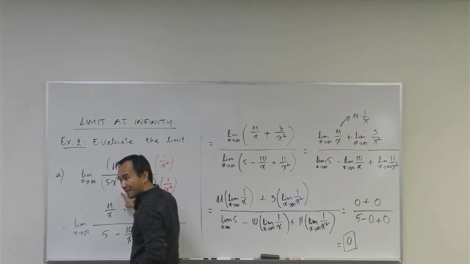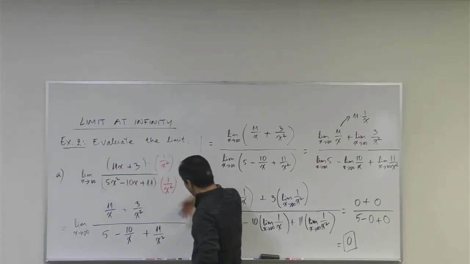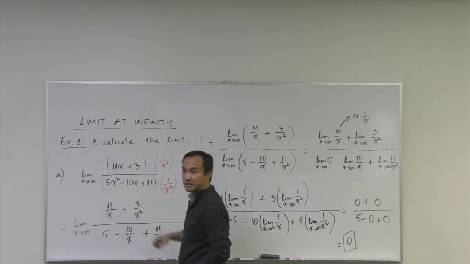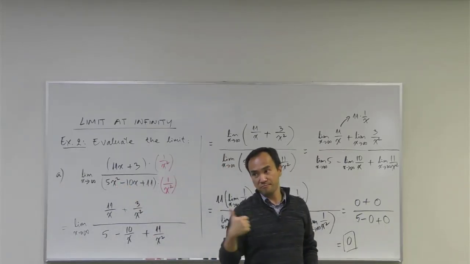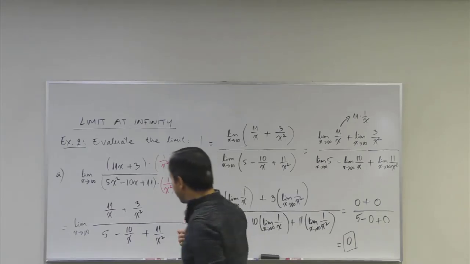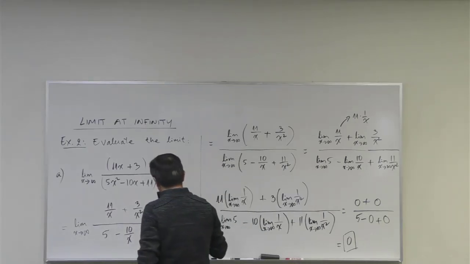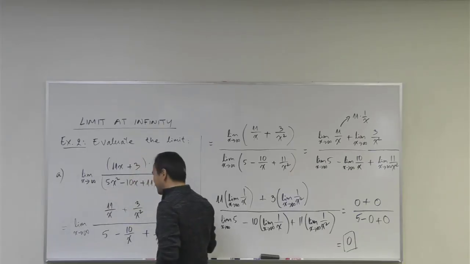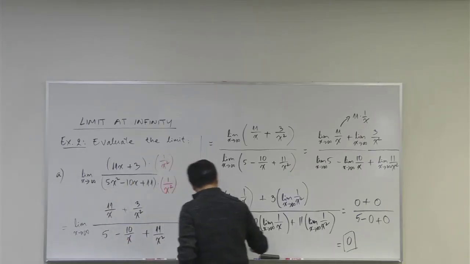I chose the x squared because it came specifically from the degree of the denominator. But I only explained that because this problem has a lower degree on top and a higher degree at the bottom. Let's see if it works out the same way in some other cases.